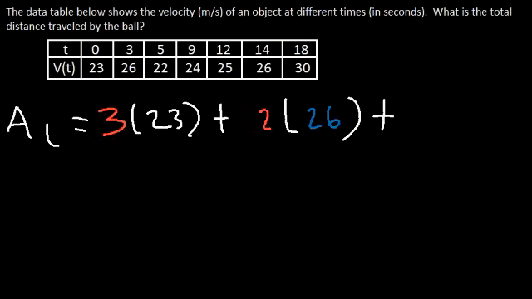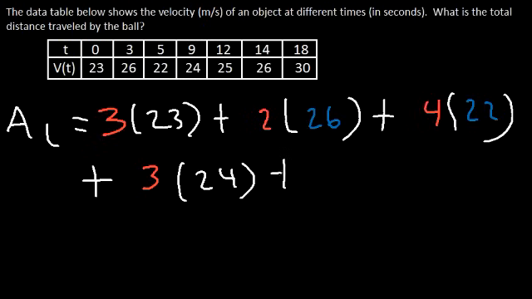Now for the next rectangle, between 5 and 9, delta t is 4, and we're going to choose the next point on the left, which is 22. After that, between 9 and 12, the width is 3, and we're going to choose 24. And then between 12 and 14, delta t is 2. We're going to choose 25.